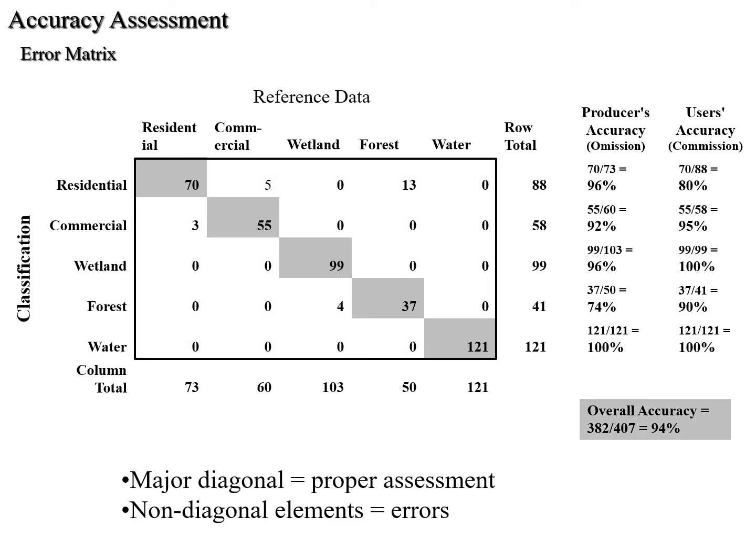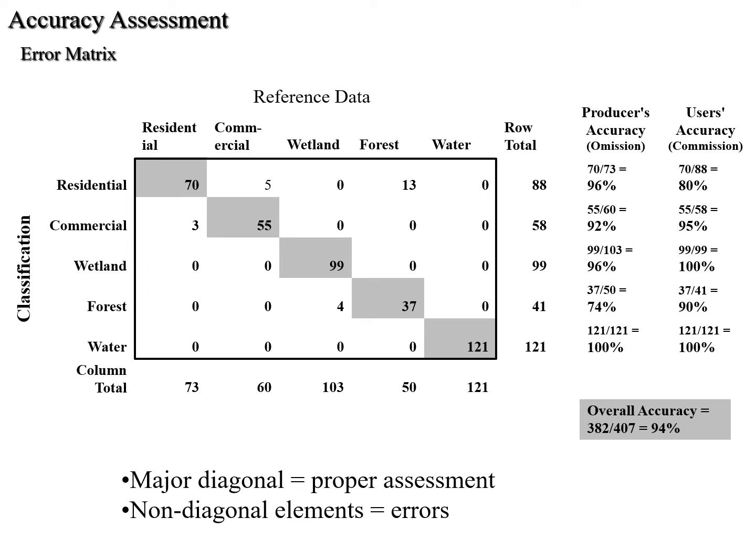Okay, the diagonal gives us the proper assessment points. So starting at the upper left, we observed a certain number of pixels. 70 of those pixels were residential and were classified as residential in the classification. Commercial, 55 points were commercial in the real world and also in the reference data.